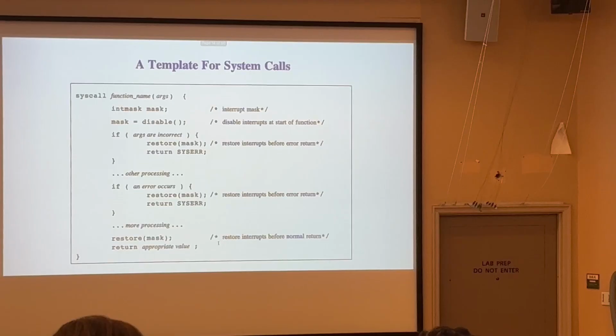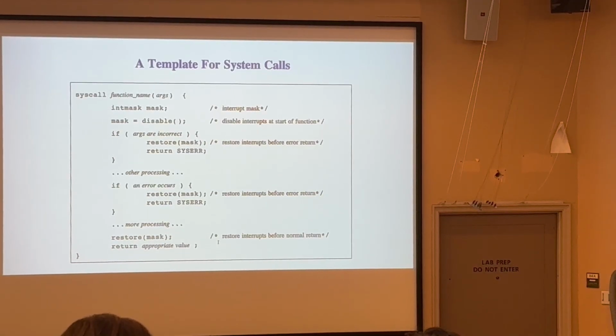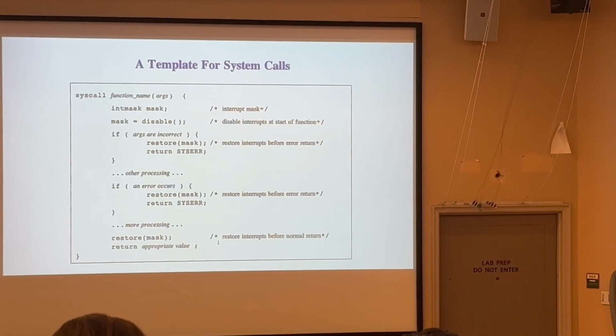So this is the slide that shows how a system call is implemented. This slide was uploaded a while back, so I assume that most everyone has read it. You can see that the system call functions in Xinu are all implemented like this.